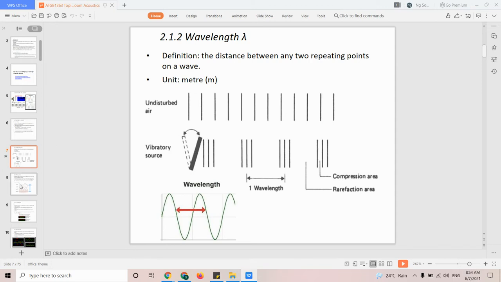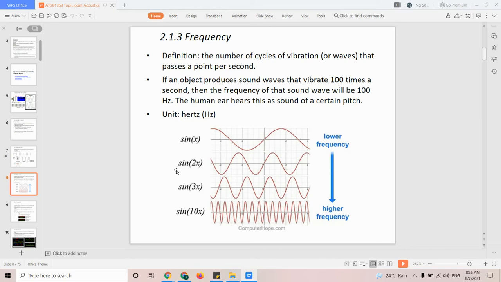Besides that, we have frequency, which is also one of the factors of sound. It depends on how high or how low the vibration is, or the number of cycles of the sound wave. If you have a very high frequency, meaning high vibration within 1 second, we will hear a very, very high pitch.